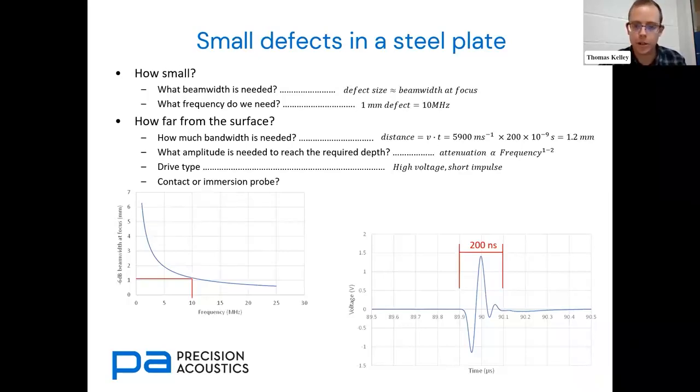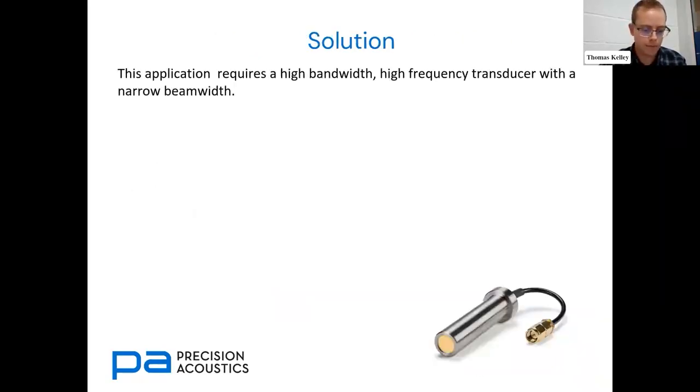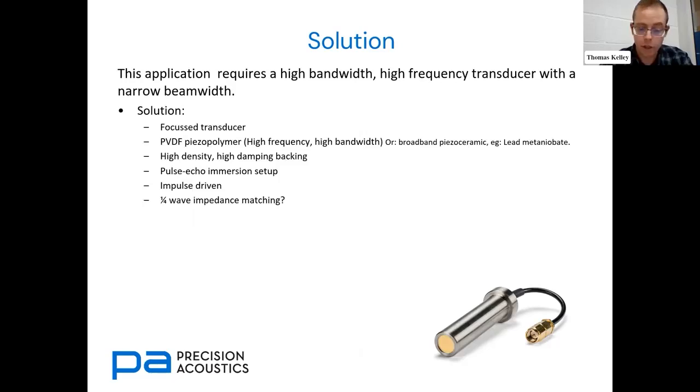So going on to the solution, the application clearly requires a high bandwidth to achieve the short pulse. It needs a high frequency to keep the beam width narrow and to keep the pulse duration short. And it needs a narrow beam width if it's to be capable of resolving the small defects accurately. So the solution could be, it's not necessarily just one solution, but the solution could be a focused transducer at 10 megahertz, say.